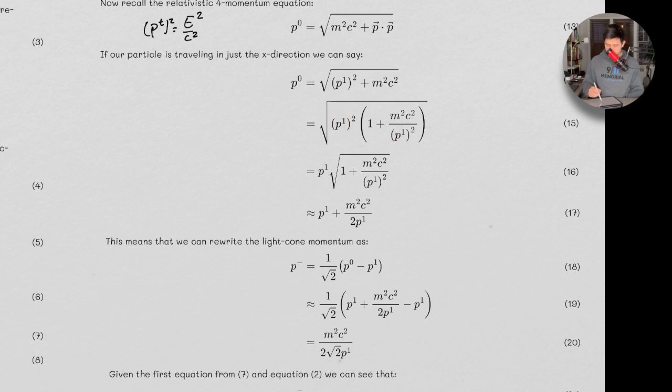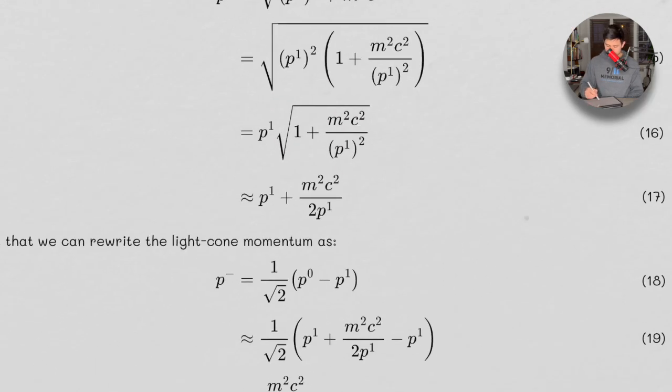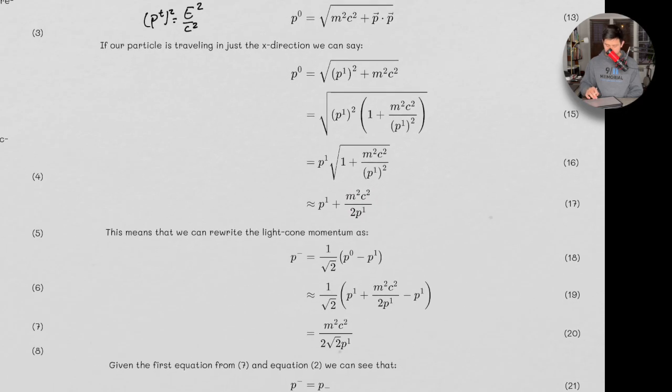Then the square root of this is just P1, and then through the binomial approximation method, we get this. Again, the binomial approximation, if you're not aware of that, you can look that up. It's not too difficult to see that this bit right here is all of this right in here.